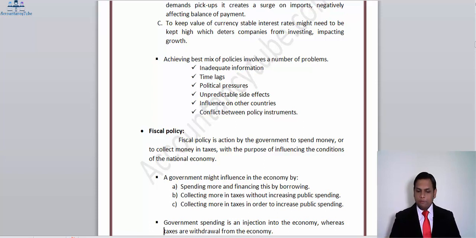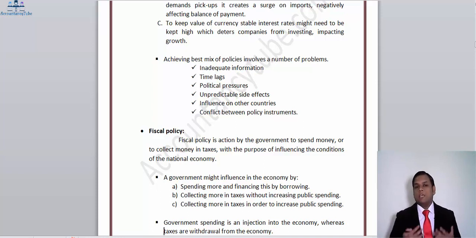Alright, the next thing is achieving the best mix of policies involves a number of problems. Inadequate information: the information that the upper government gets might not be accurate because of so much hierarchy in between. Then there are time lags.